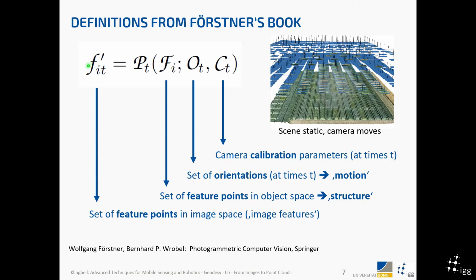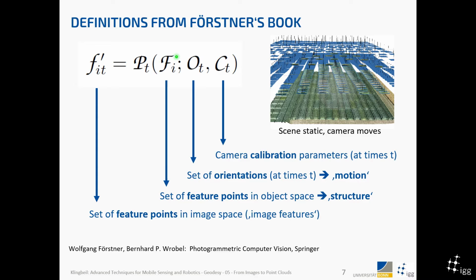This set of feature points in the image space shows a set of features in the object space, which is called here the capital F.